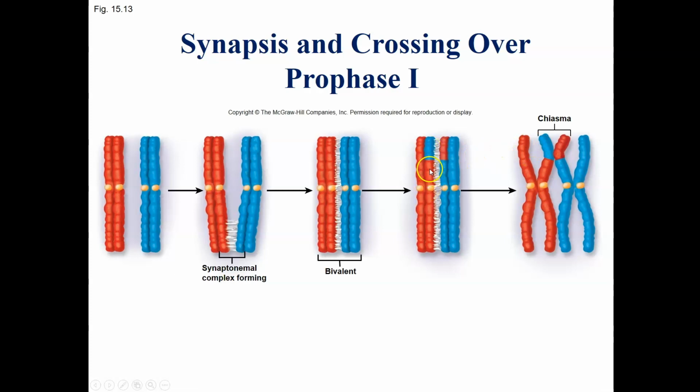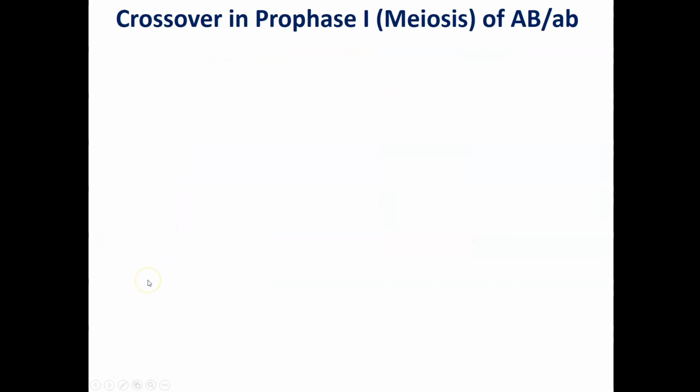So again, if we're calling red the chromosome from mom and blue the chromosome from dad, the chromosomes can cross over at these regions of homology, such that what you end up with are very unique chromosomes that are not identical to what went into this initial process.